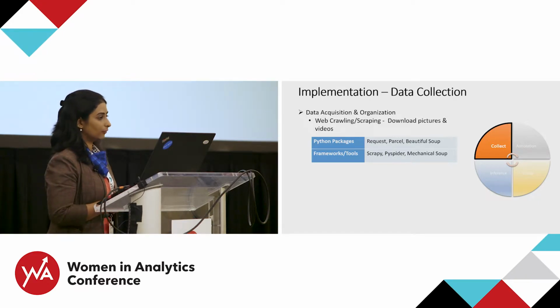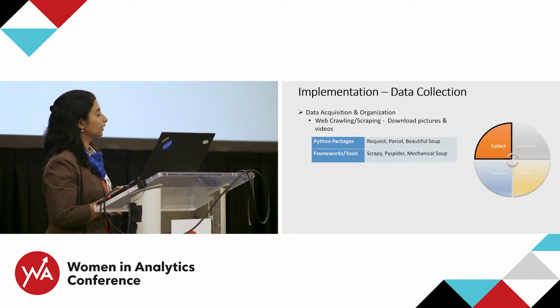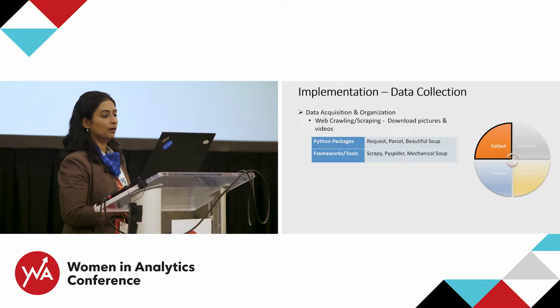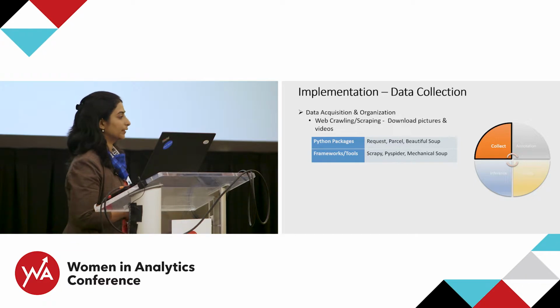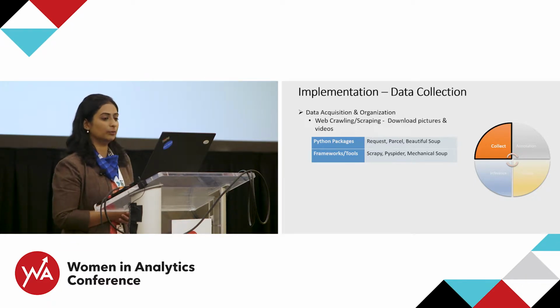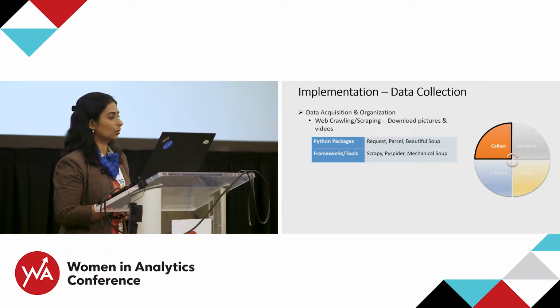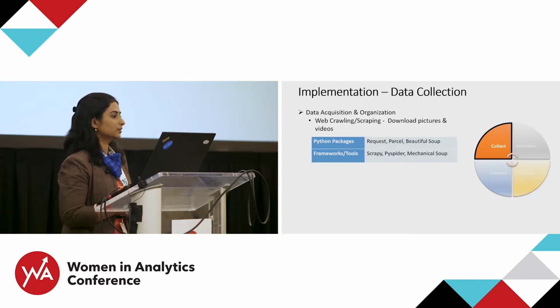For my grocery use case, I wrote a Python script using Requests and Beautiful Soup. The other options available are frameworks or tools called Scrapy, PySpider, and MechanicalSoup. PySpider has a UI which can track multiple crawls, and MechanicalSoup is also based on the Beautiful Soup package. So if your crawling needs are minimal, you can just go with MechanicalSoup.